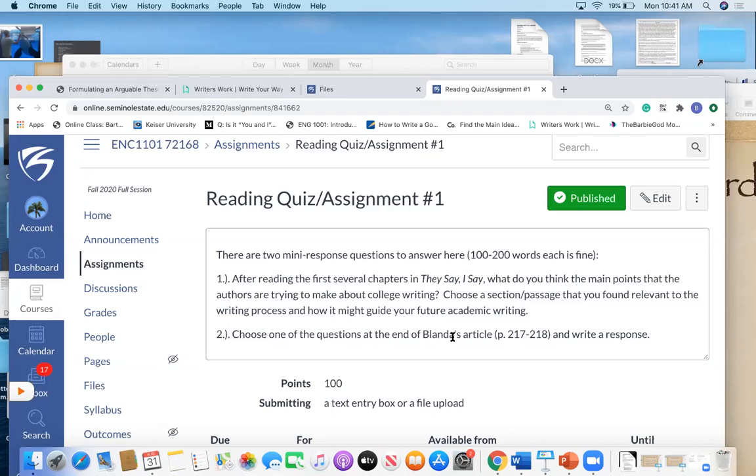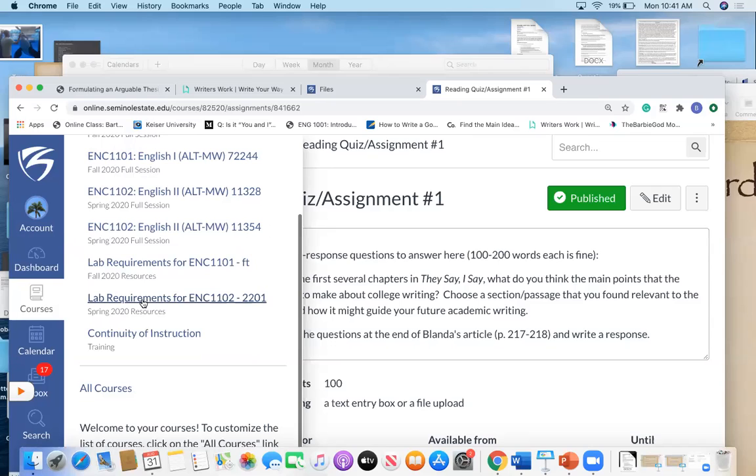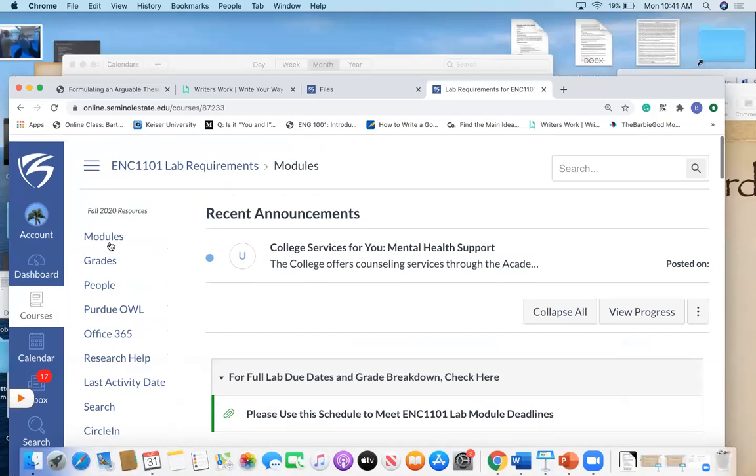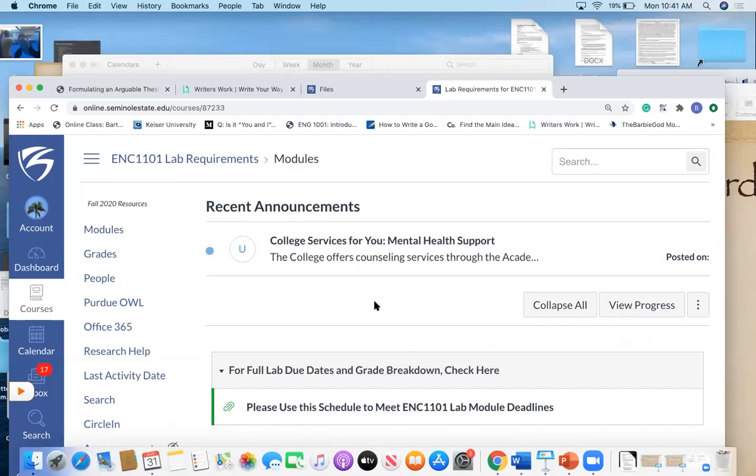The last thing before I forget, I just want to point out that the lab itself, now why they didn't publish this last week, I don't know. I really don't have any control of this. I guess I can see the grades and stuff like that. But if you do have any questions with the lab, you have to contact that instructor because I really don't have access to much here.